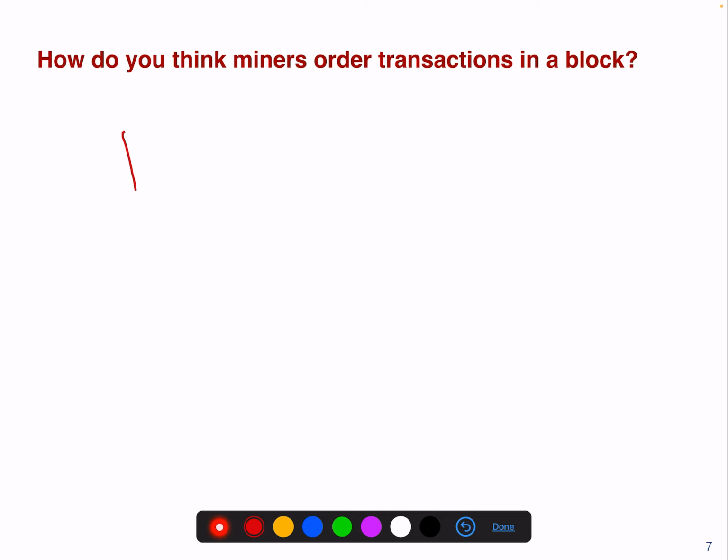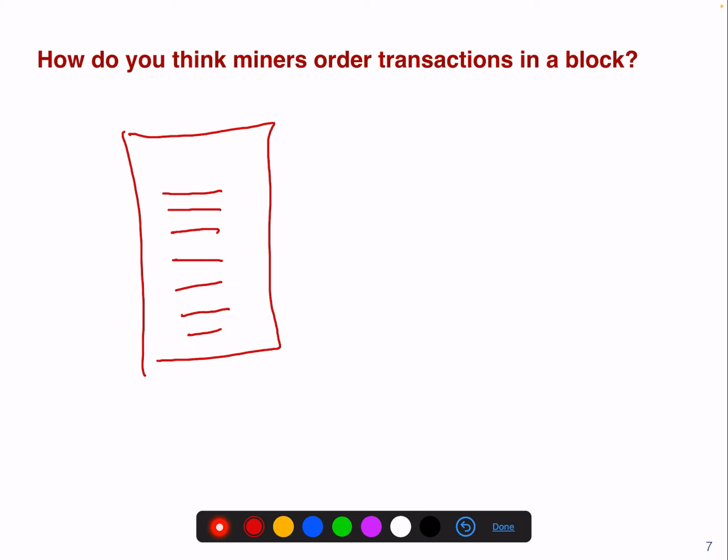So if this is a block and there's a list of transactions in there, and this is the header, right? It's the block header with the previous timestamp, then the transactions are typically sorted according to the gas price. This is the gas price sorting.